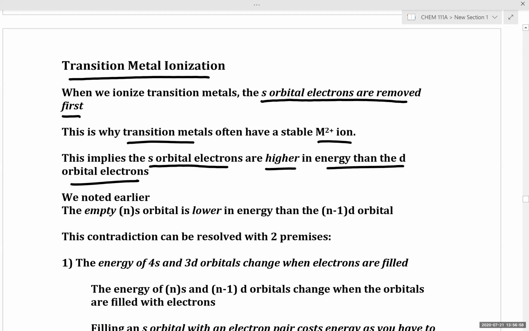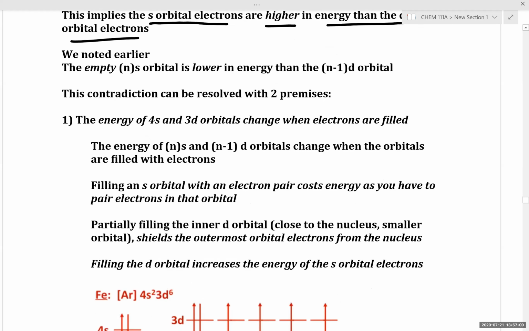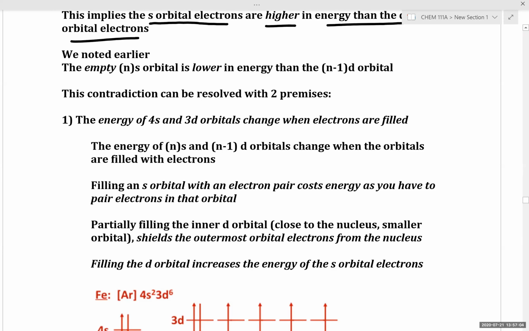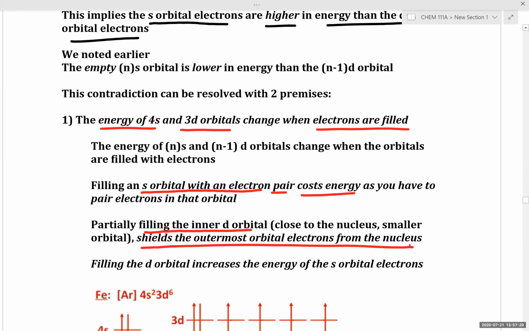Now, the way I like to think about and resolve this contradiction is that the relative energy of your 4s and 3d orbitals changes when electrons are placed in those orbitals. Filling an s orbital with an electron pair costs energy. Further, when you start to fill your d orbital, you introduce a small shielding effect.